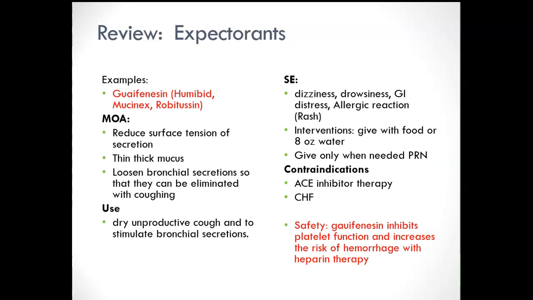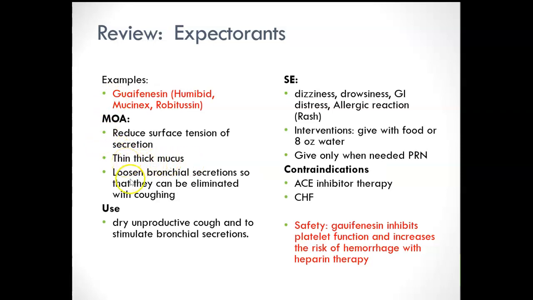Now, expectorants, these are very interesting, and we're seeing the use of them a lot more. I'm a big believer in guaifenesin and use it when I get sick. Actually, sometimes I'll even use it when my asthma is acting up because it does thin thick mucus.